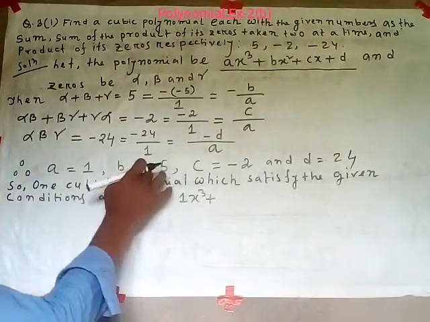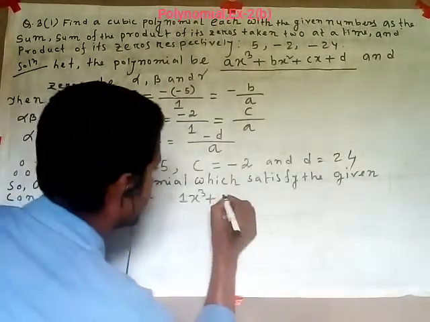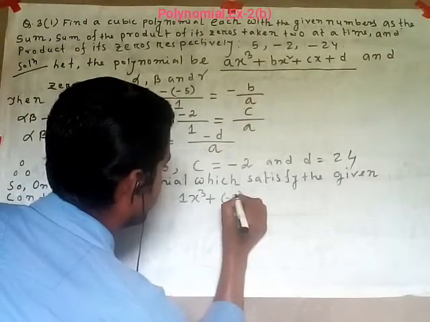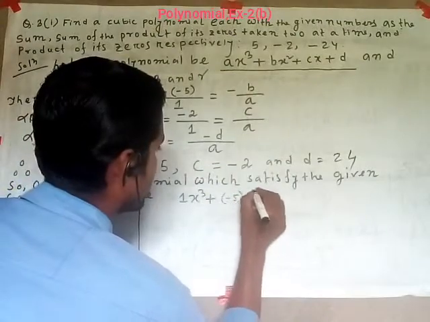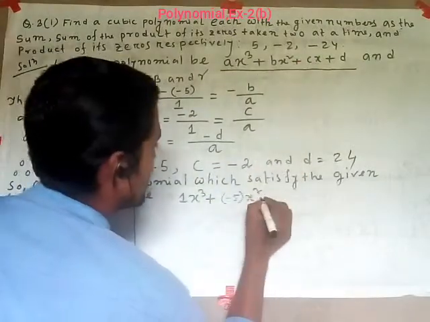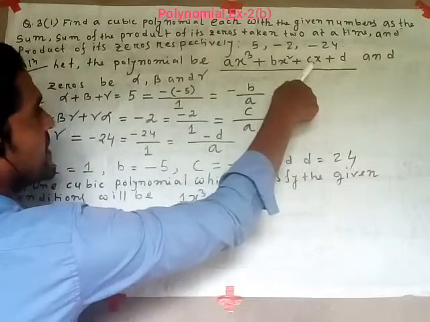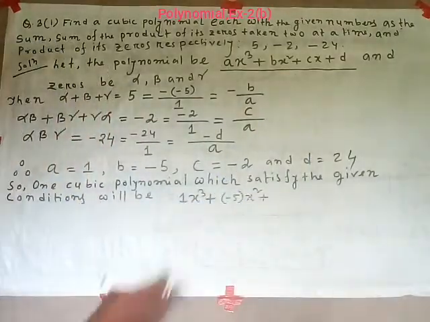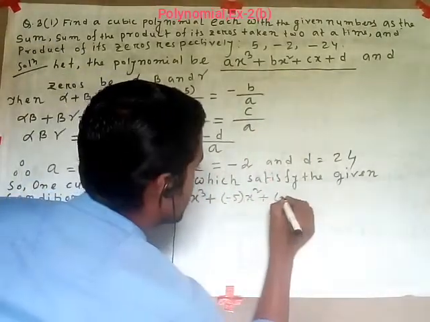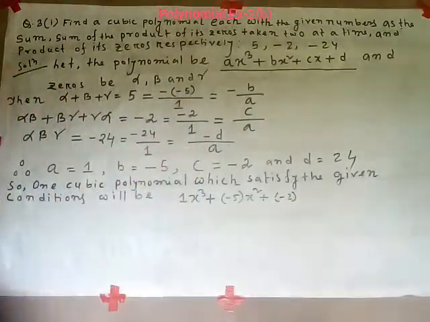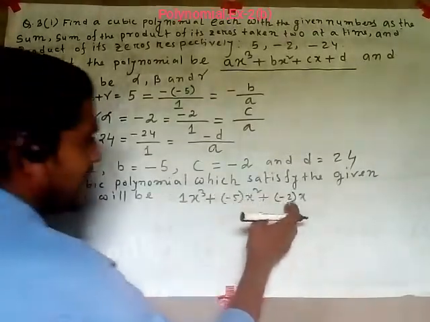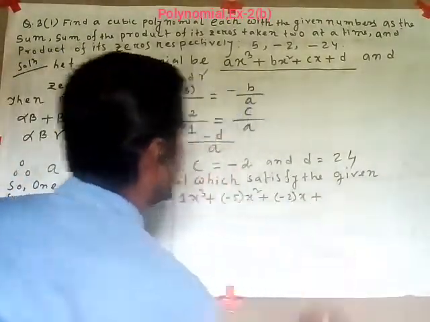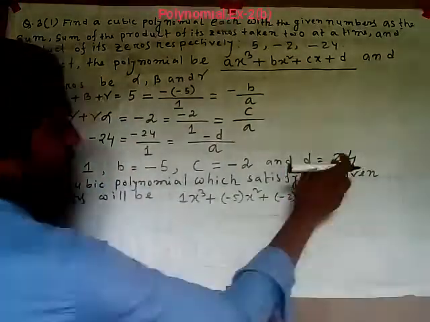B value is minus 5. So write the b value minus 5, bx square, plus cx. C is how much? Look here, minus 2. So minus 2. Then plus d value. D is how much? 24.